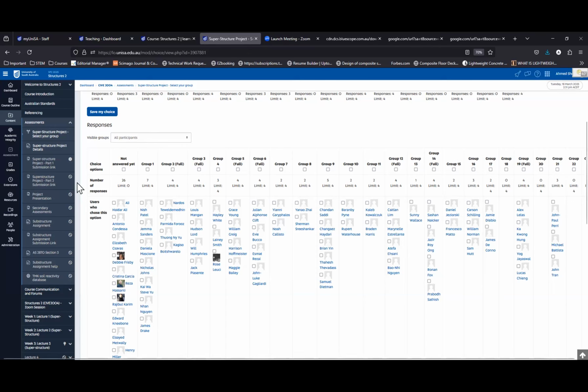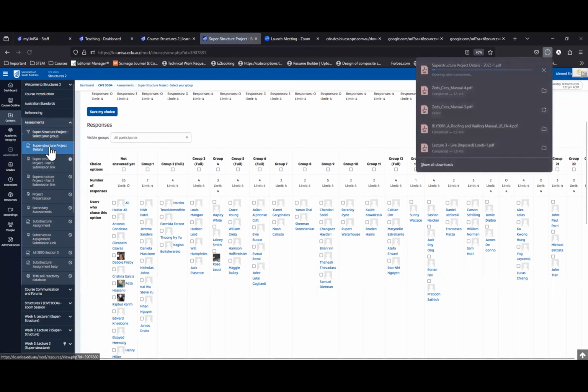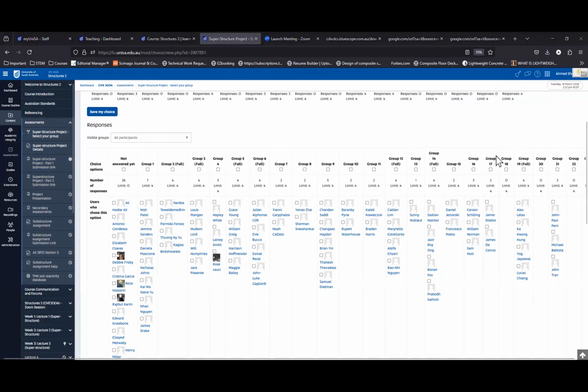Okay, so this is about the group, and after the groups are finalized, I will add an Excel or table file with the final group names, so that you can contact each other and try to work on the project. And I have released the project details, so I will show it with you now.